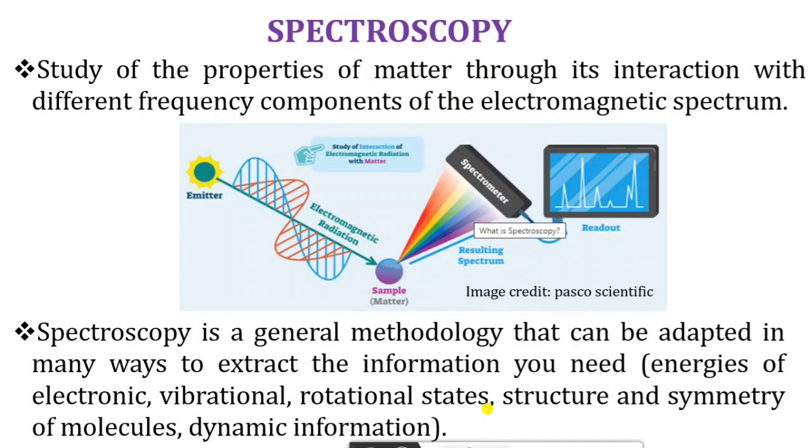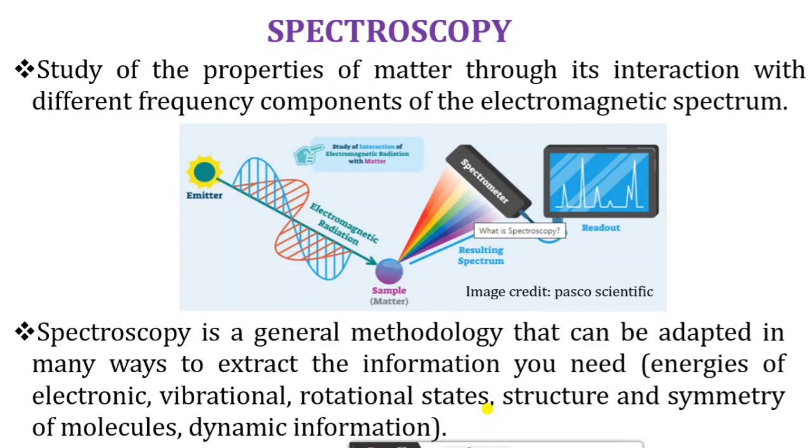The third one is UV-visible or ultraviolet-visible spectroscopy. Definitely we use ultraviolet and visible radiations, and we study the interaction of these radiations with the matter. That comes in UV-visible spectroscopy.